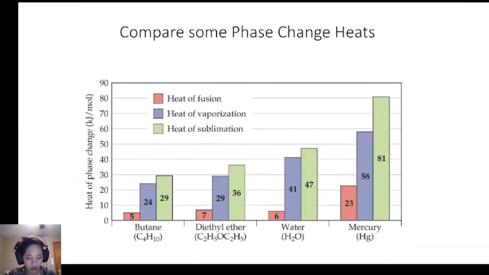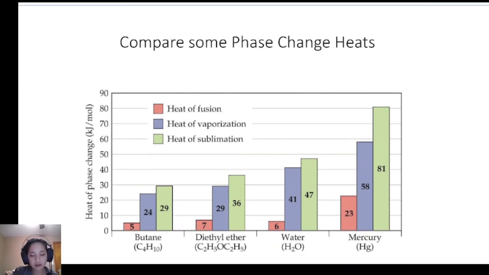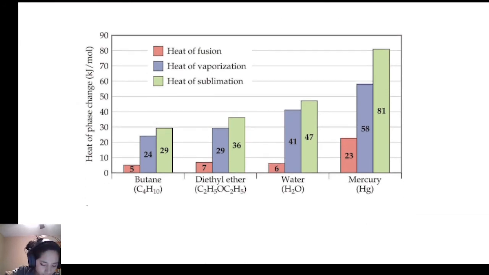Okay, so we can compare some different phase changes for different substances and think of what IMFs are present in all of these. I'll just tell you that butane only has London dispersion forces. Diethyl ether has London dispersion and dipole forces.